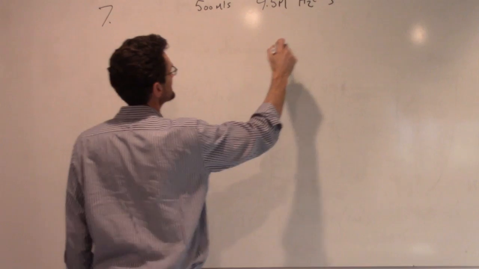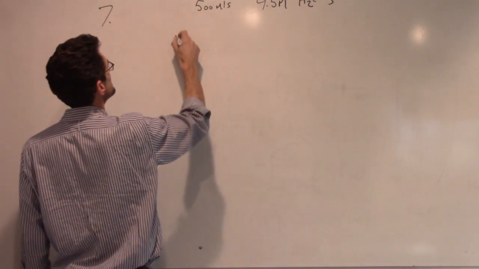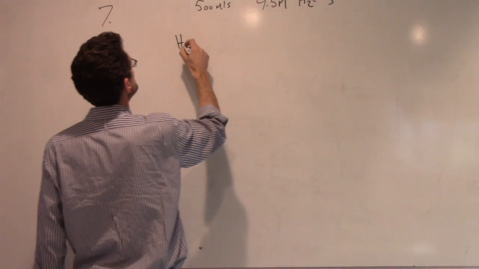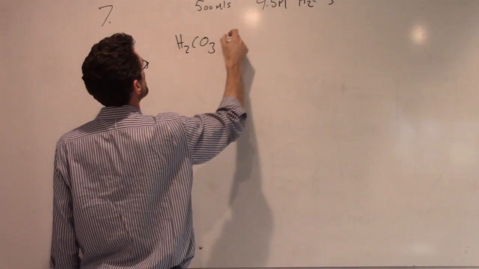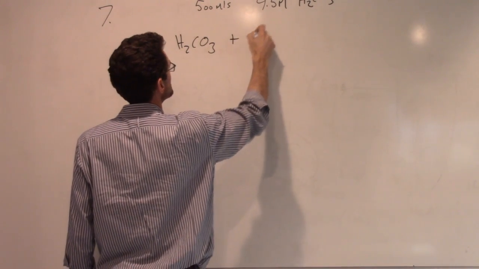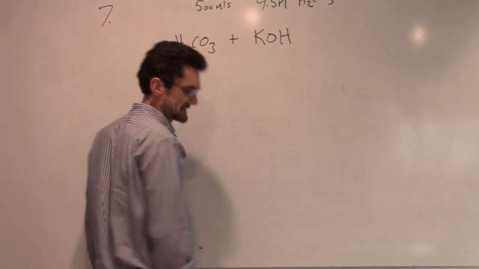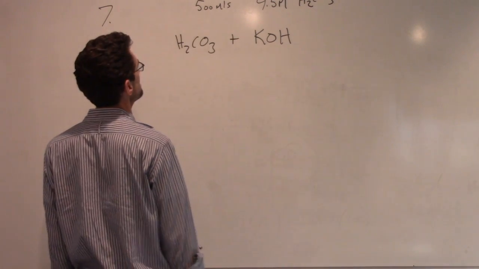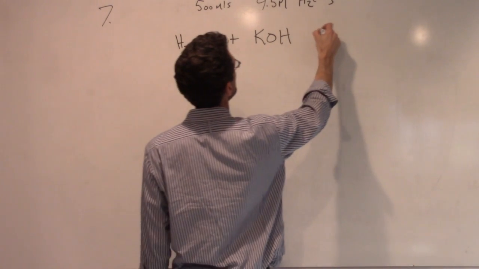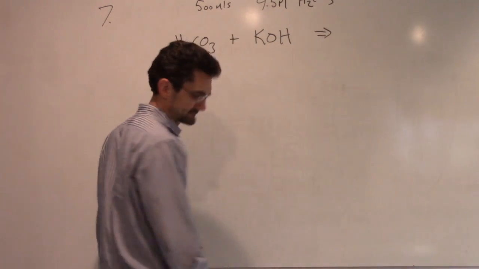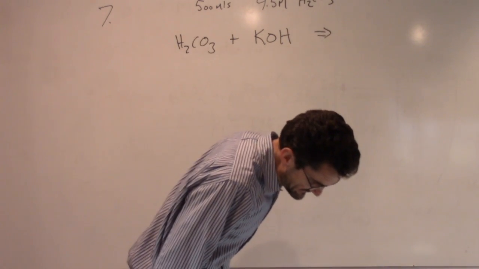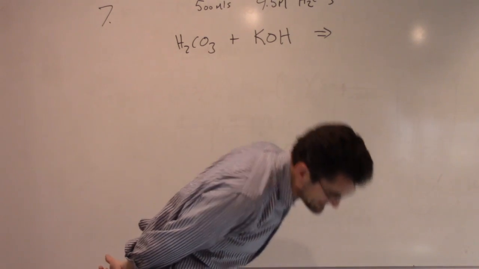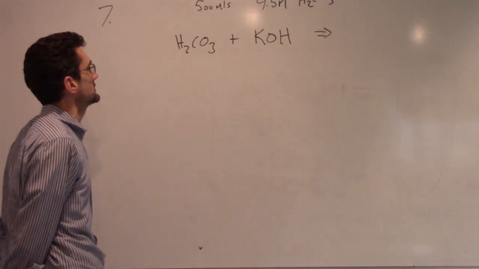So H2CO3 reacts with potassium hydroxide, and they want to know how many grams of potassium carbonate are going to be produced.